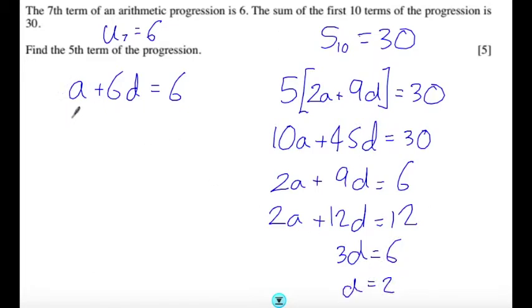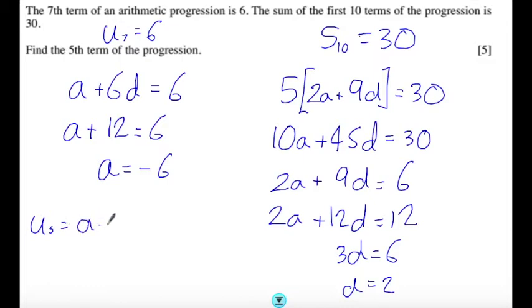Sub that into the next one, we'll have a plus 12 equals 6. So a is minus 6. And then we can find the fifth term. So u5 will be a plus 4d, which is minus 6 plus 4d, which is 8. So we get 2.